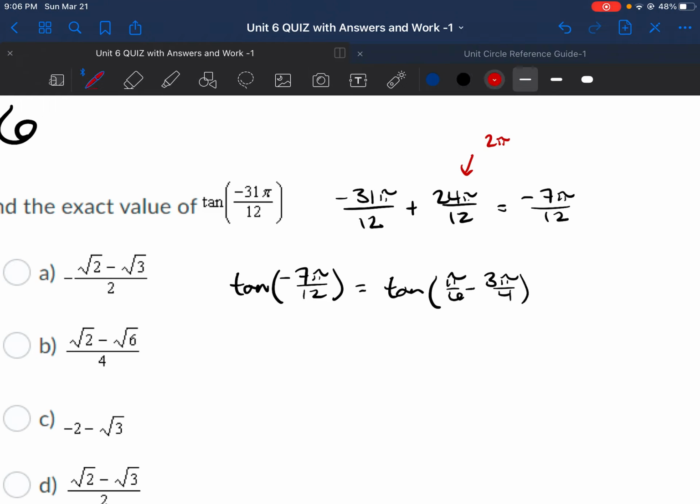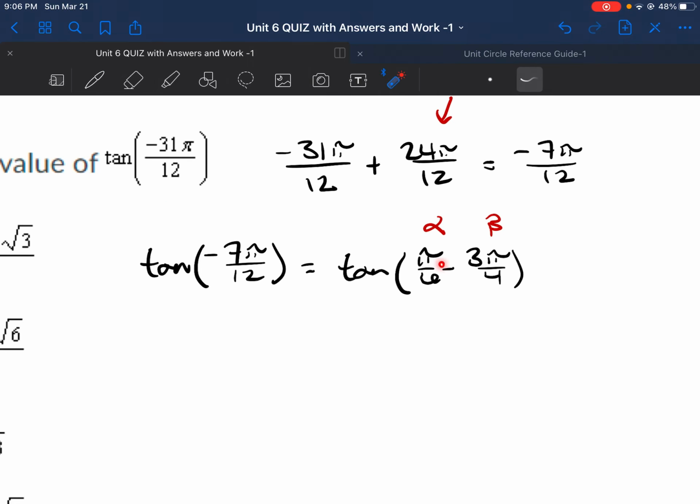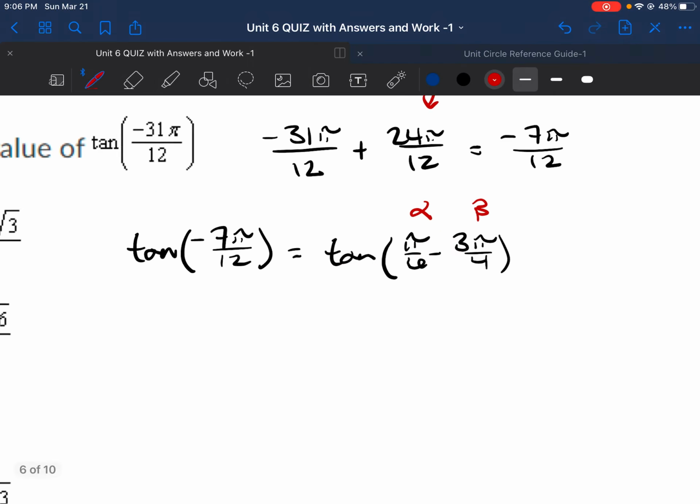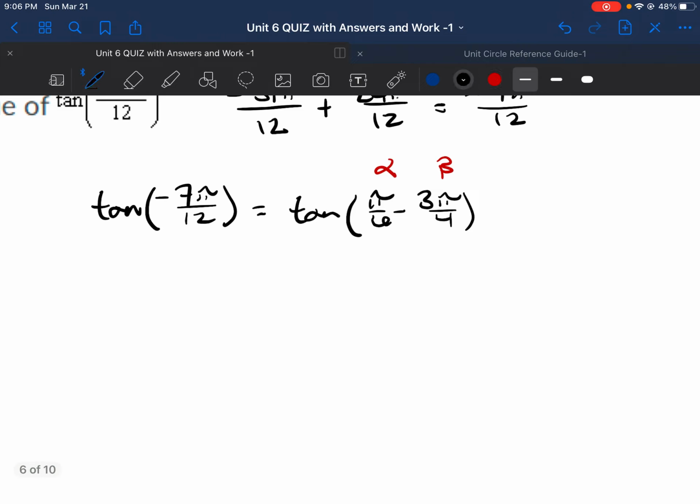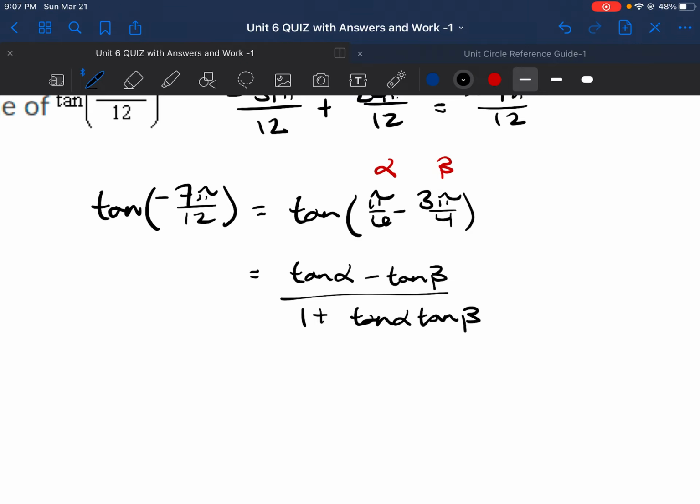Okay, this is going to be your alpha, this is going to be your beta. Notice that this is a tangent subtraction. So when we think about tangent subtraction, it goes like this. Tangent alpha minus tangent beta over 1 plus tangent alpha times tangent beta.